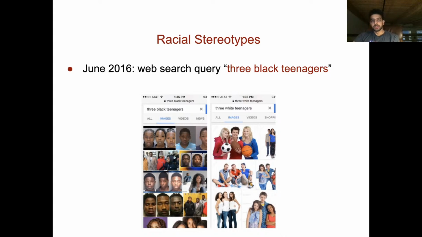And some examples in computer vision, it's far easier, I think, to find these things, but this is an instance from Google image search where you can see the clear difference if you search for 3 black teenagers versus 3 white teenagers. Here you see all the white teenagers smiling, playing sports, and on this side you see fewer smiles and fewer activities.